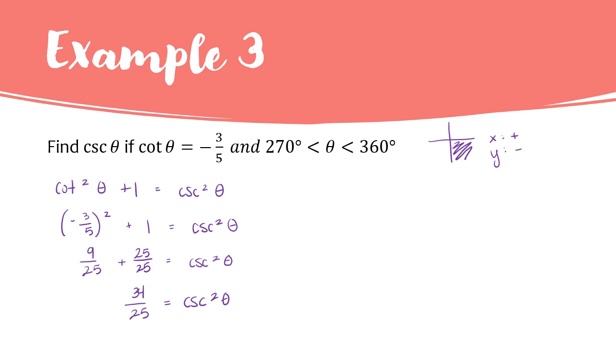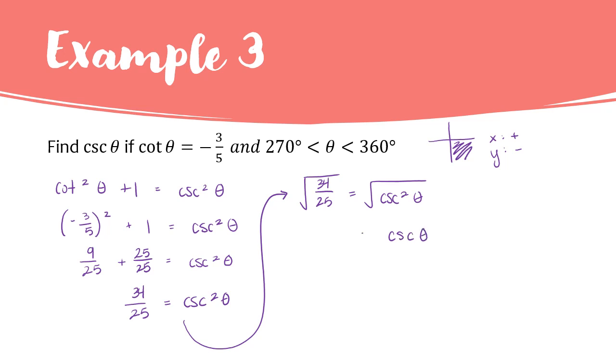Now we just need to take the square root of both sides. We'll do that up here. The square root of 34/25 is going to be equal to the square root of cosecant squared. Of course on the right-hand side, we're just going to end up with our cosecant.